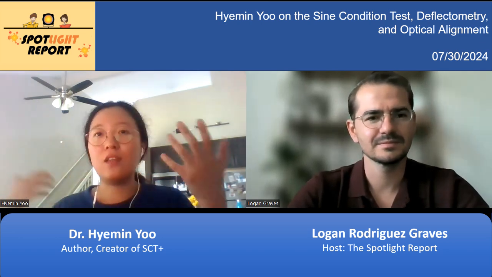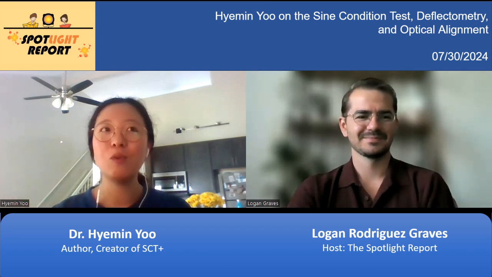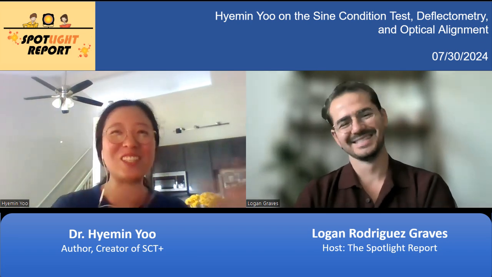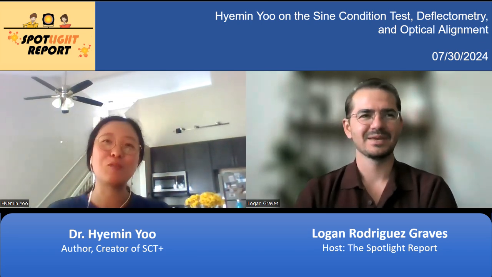My advisor and I had lots of discussion, and there must be a solution. I wasn't sure how I should approach it with mathematical explanations, but we were pretty sure that there must be an analytical solution for alignment if I can combine the Sine condition test and deflectometry. It took so many years to figure out every detail, but we were so sure.